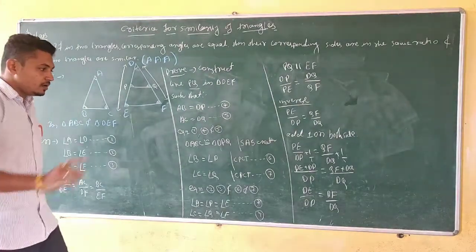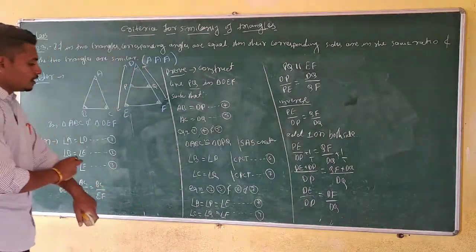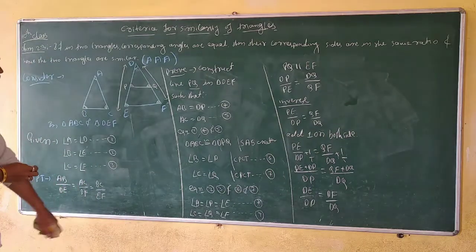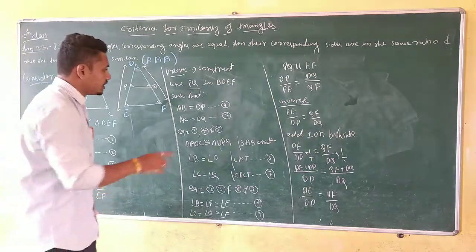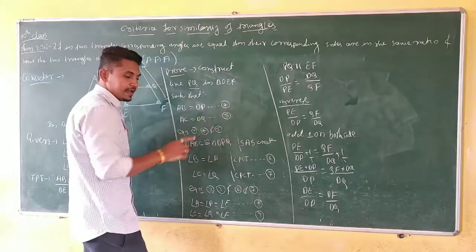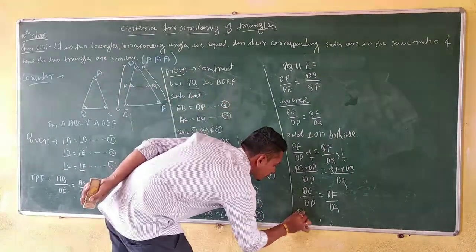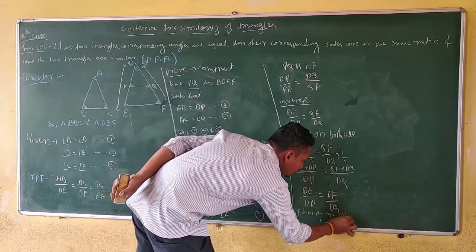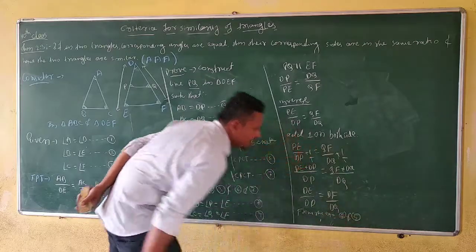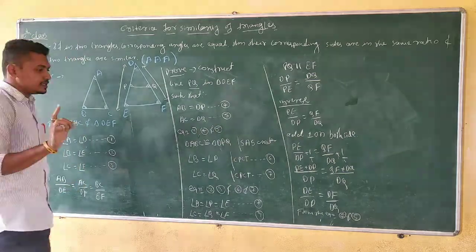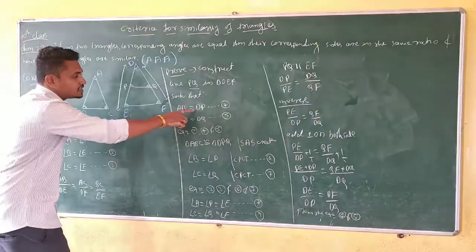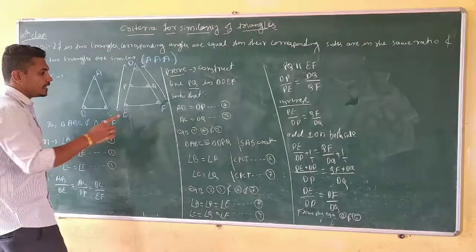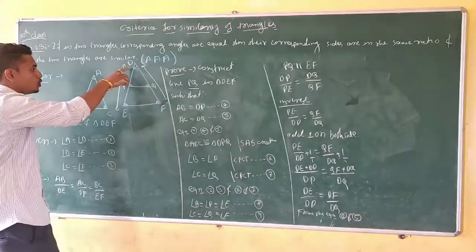Now see here, from equation numbers 4 and 5, very carefully: AB is equal to DP.